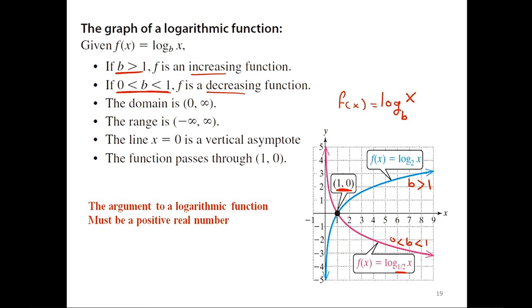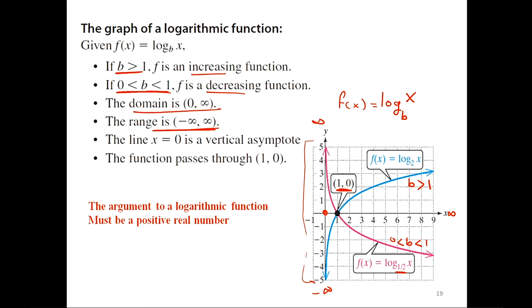In general, the domain is from 0 to infinity. But the range, the value of y, is from minus infinity to infinity. The domain is from 0 to infinity, but the range is from minus infinity to infinity.